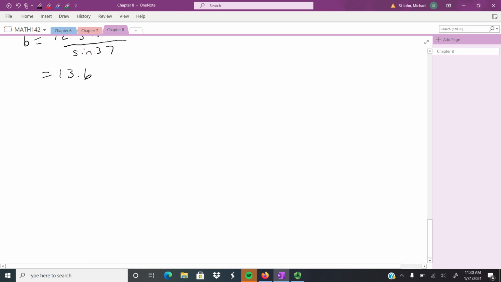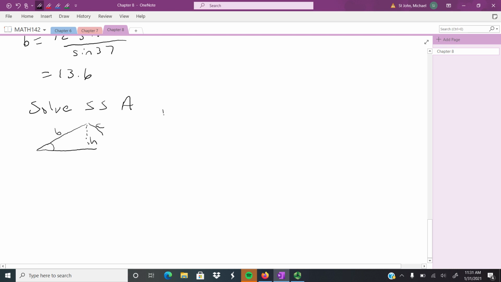And this is now going to be solving side-side-angle. So we need to look at this one. And what does it mean? This is h. Here's my angle. This is b. This is a. Right?